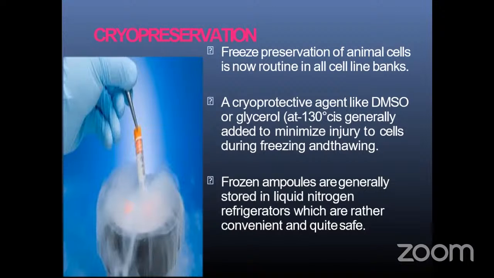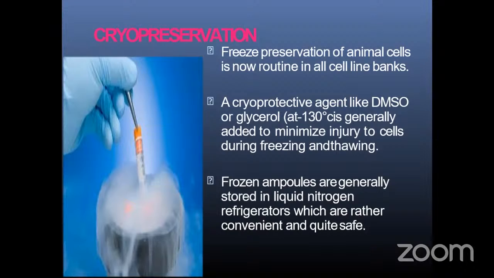Thawing means getting back to room temperature. If you do it very frequently, the cells will die because they cannot adjust to both temperatures. Even for freezing, you cannot go directly from room temperature to minus 196 degrees.